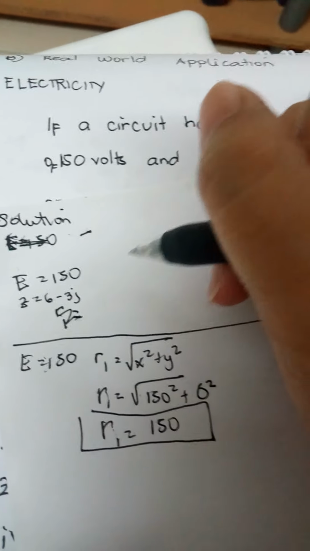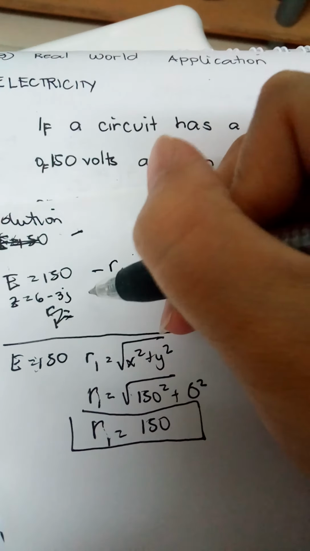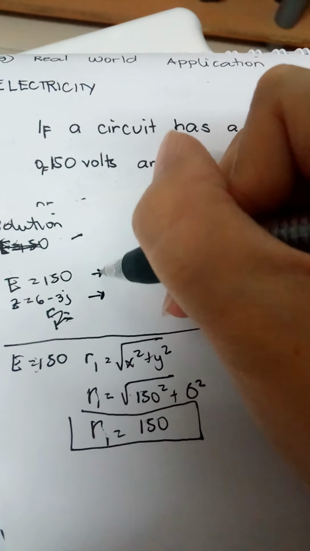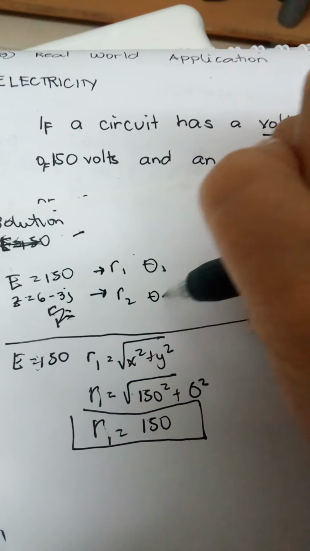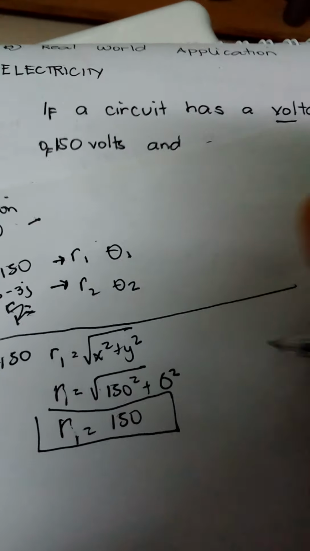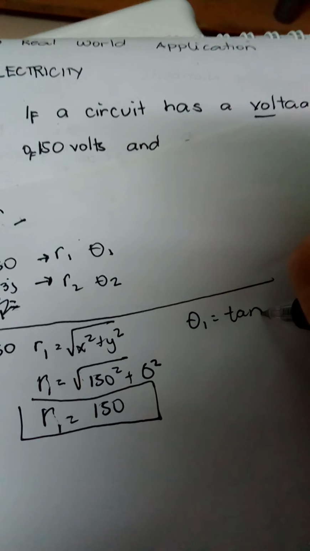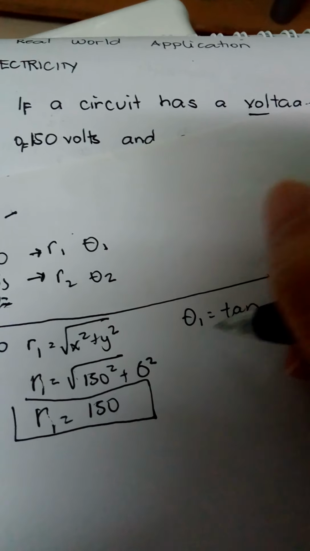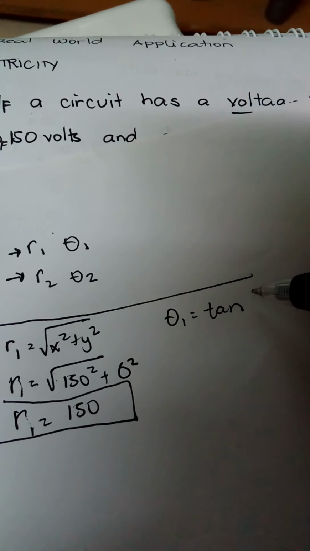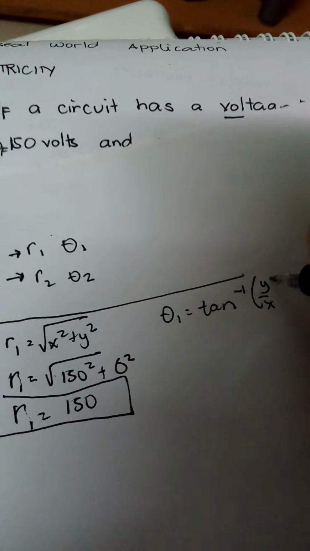In this given, we need to find R1 and then theta 1, and then for Z we need to find R2 and then theta 2. So for E, R1 and theta 1, you already have the value for R1. Let us find the value for theta 1. Every time that we are looking for theta, we apply the formula of the direction, inverse of tangent, y over x.